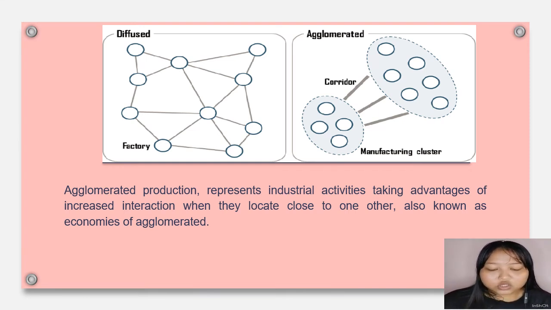So, it is not local like agglomerated. It is so hard for the main industry to get raw material like tires or something related to the main industry. Thank you.